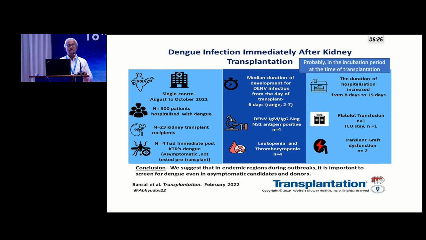Both IgG and IgM antibodies were negative, but only NS1 antigen was positive, implying that the infection had happened just at that time. But the author's suggestion is that the recipients might have been in the window period, having just acquired that infection, in the incubation period, when transplant happened. So they don't surmise anything on the donor source of dengue.